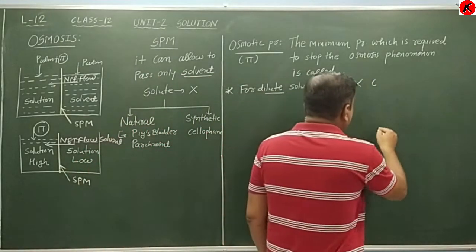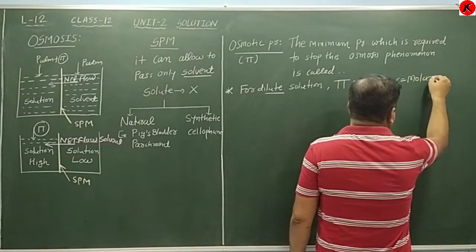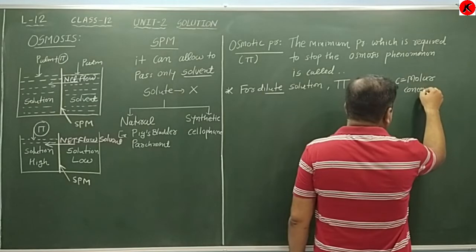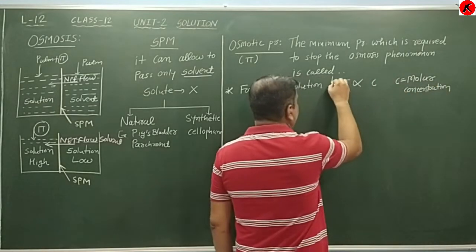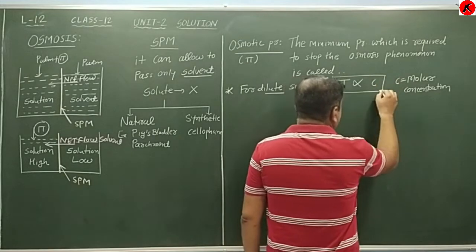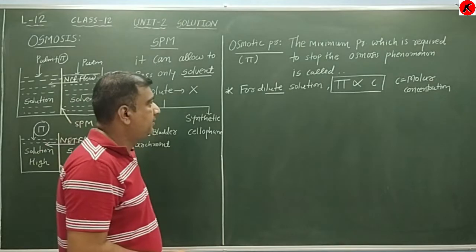That means pi is proportional to C, where C is the molar concentration. Remember, this is at a given temperature.